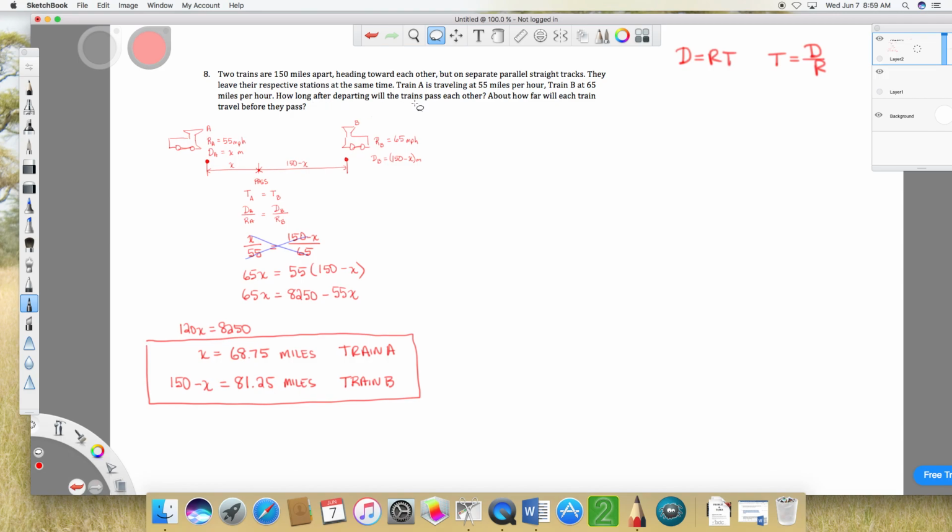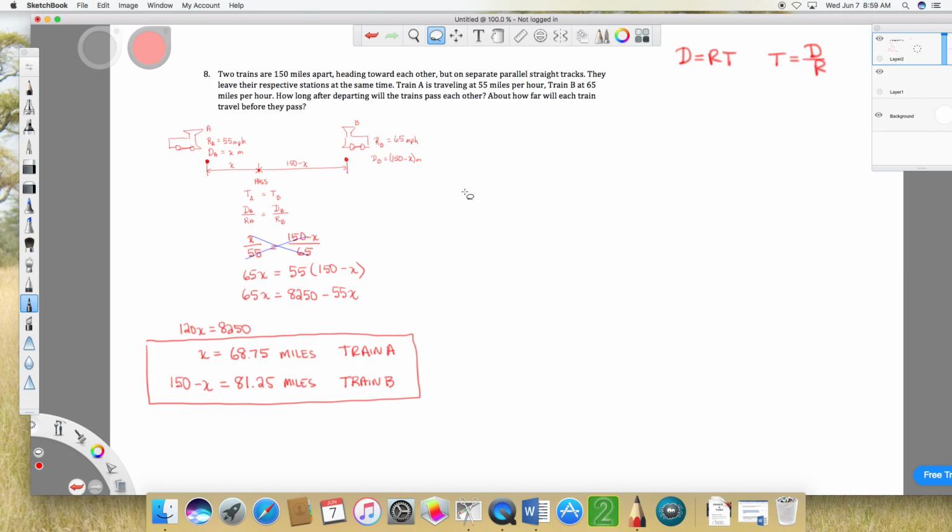How long? So the length of time. Well, if x is 68.75, then I can take this 68.75 divided by 55, and that will be the length of time that Train A has traveled, which is the same for both trains since they started at the same time.